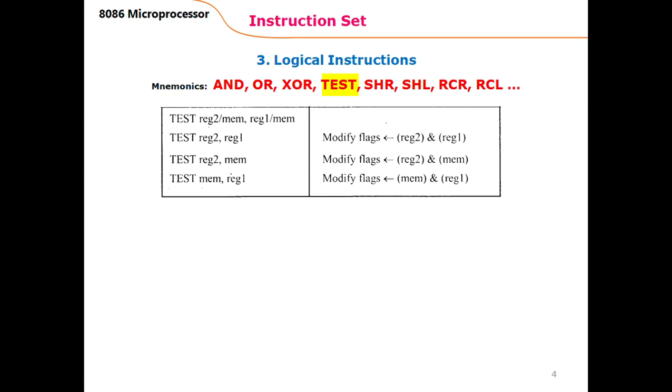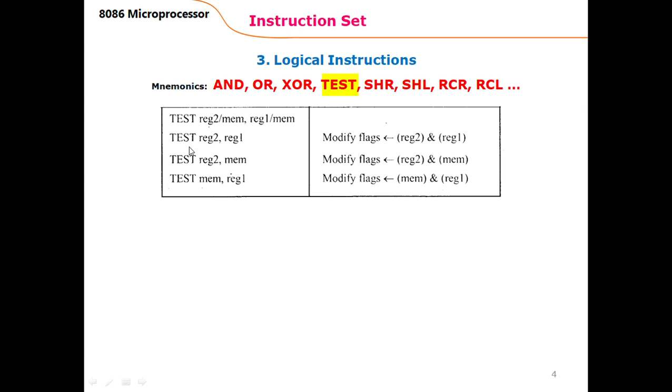There are different forms of the test instruction, just like the AND or exclusive OR instruction. For example, the two operands can be registers, and the two operands can also be memory locations, but they cannot both be memory locations at the same time, just like the AND instruction.